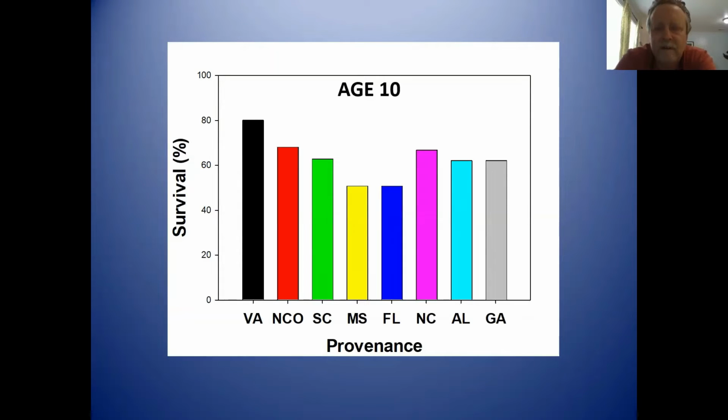Survival was more variable, and Virginia had the highest survival, and then it was decreasing with the other provenances, and I'll show you in a minute an interesting relationship that seems to explain that.